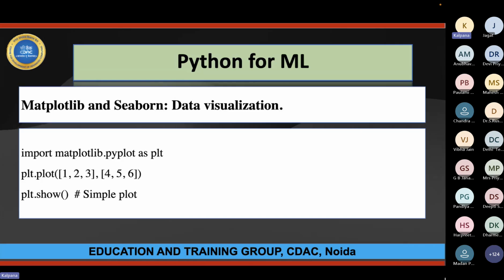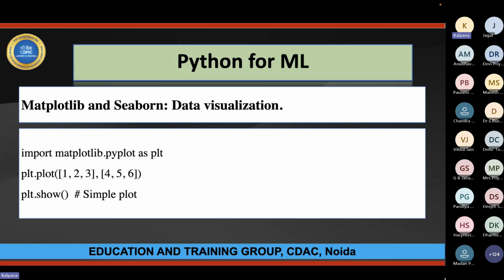After scikit-learn, if you want to plot your data for visualizing it, then Seaborn and Matplotlib. Probably you might have used Matplotlib, but Seaborn is something I don't know how many of you have used. It is a very simple way of plotting any figure. Again, Matplotlib is an extensive library, and you have to understand various methods and their applications in order to use it.